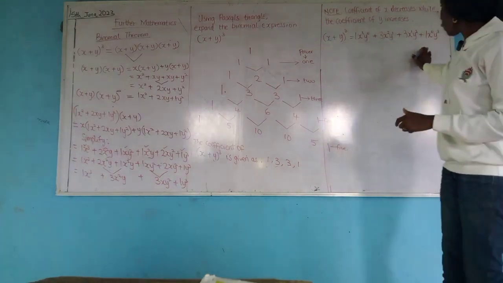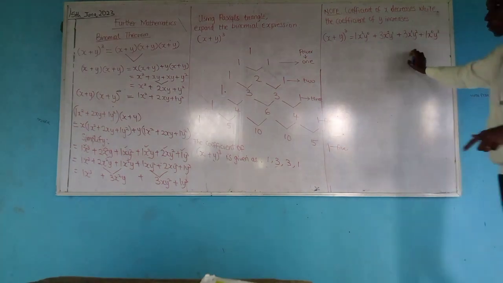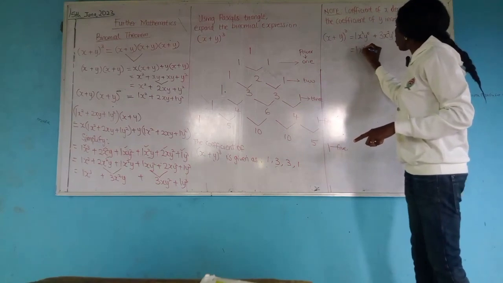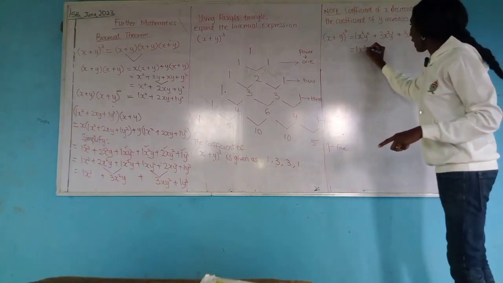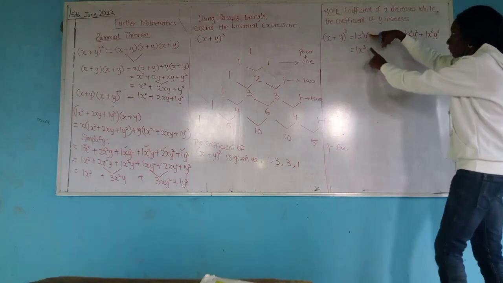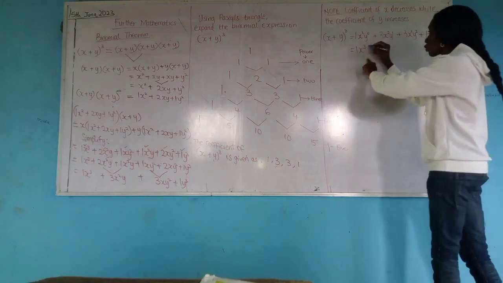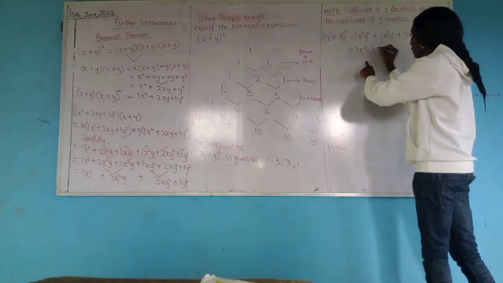So at this point, we've been able to expand this using our Pascal's triangle. Now let's compare whatever we have here with whatever we have there. I can as well write this as 1x cubed y raised to power 0. Remember that anything raised to the power of 0 is equal to 1, obviously.